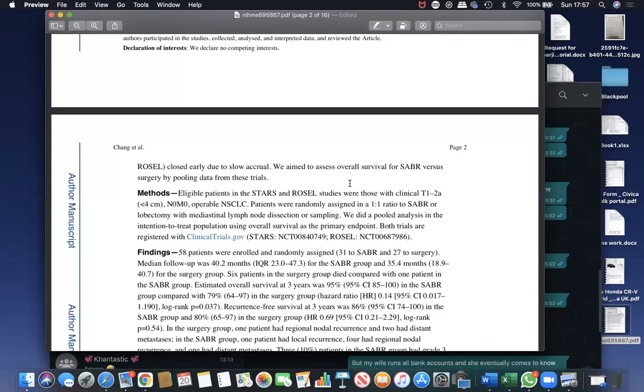The way you disprove it is you say not that it is superior. You can say it is equivalent to surgery. The prognosis of patients with stage 1A operable lung cancer is equivalent to surgery. However, surgery carries more morbidity. Hence, SBRT is a good treatment for stage 1A lung cancer.